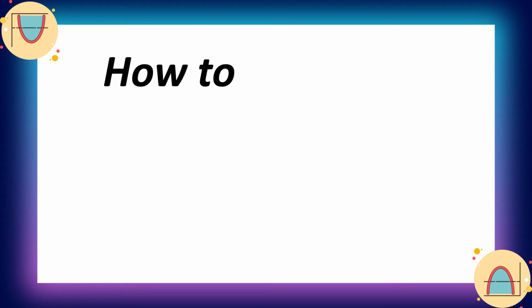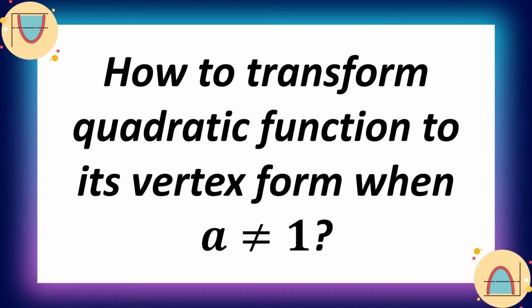Now, how are we going to transform a quadratic function to its vertex form when a is not equal to 1? We try this example: y equals 2x squared minus 3x minus 2.